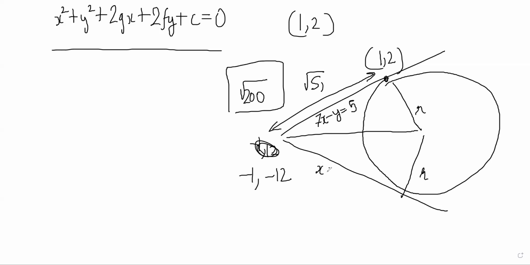One relation is the one that we get from the angle bisector equation, and the other relation we can get from the slope form, because the slope from 1 comma 2 to the center is perpendicular to the tangent slope of 7x minus y is equal to 5. So we'll get two relations, and we can solve it.